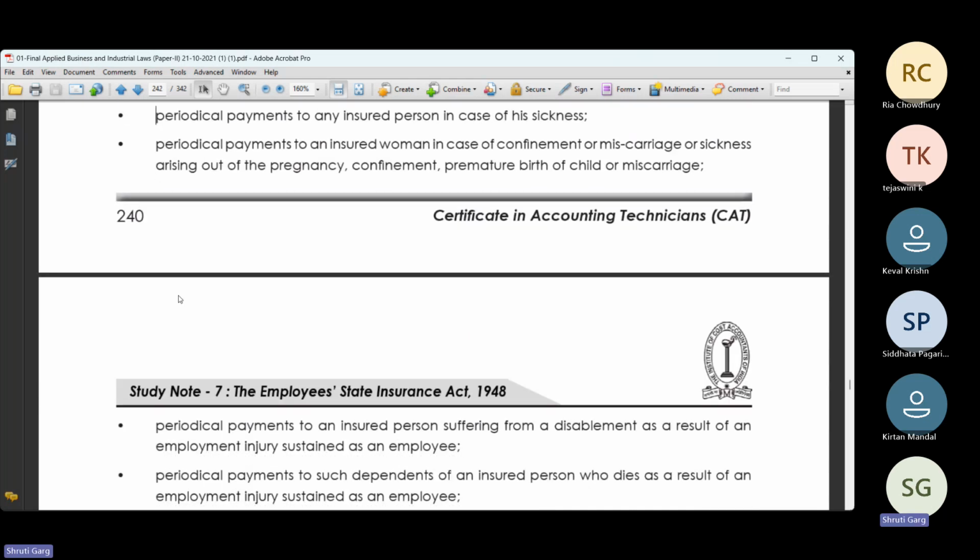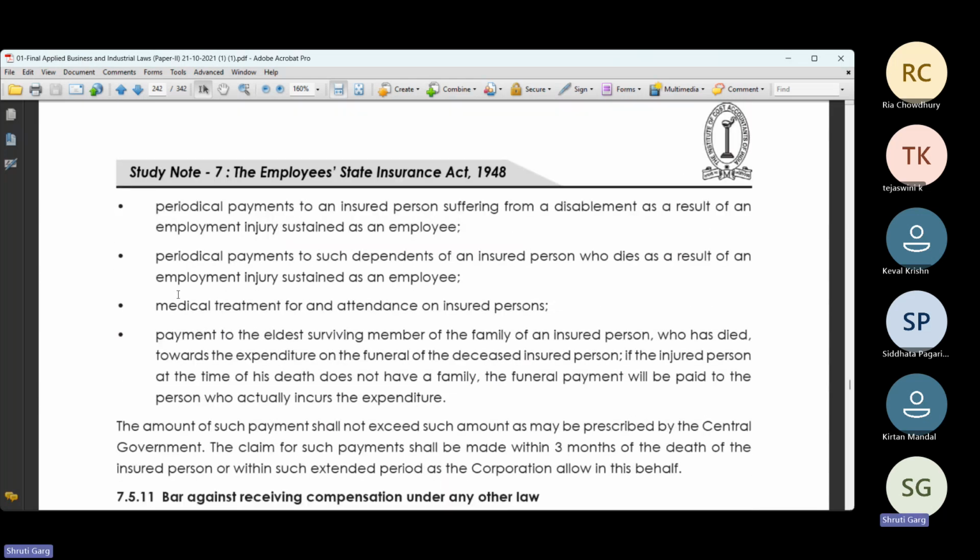Periodical benefits to an insured person who is suffering from any disablement as a result of employment injury sustained as an employee. Periodical payment to such dependents of an insured person who dies as a result of employment injury sustained as an employee. Clear?